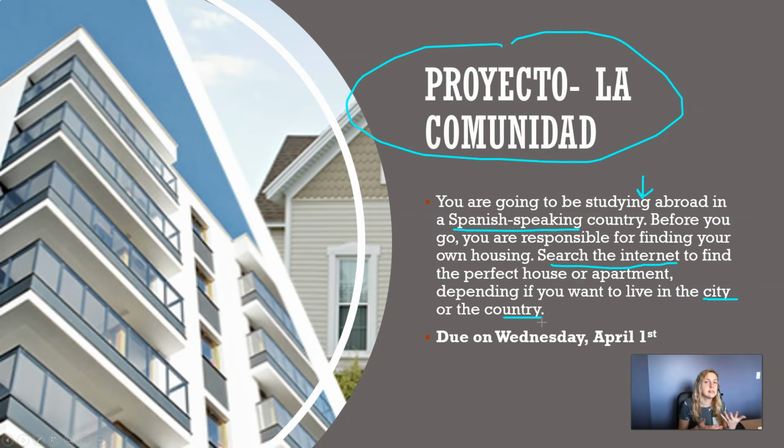We gave reasons. The city is good because you have more opportunities, but it's loud and there's traffic. And the country is good because you have a lot of space, but it can be boring, okay? We talked about that. So decide where you want to live. Now, this blog post is due on Wednesday, April 1st. So right now you have 3 days to finish this project and post it to the blog.